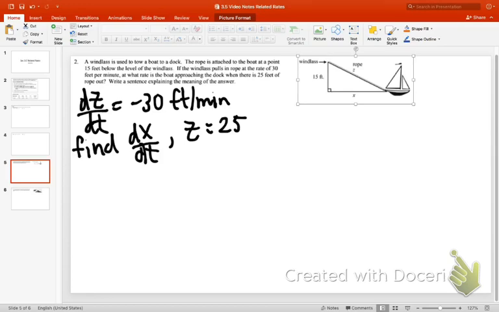So when you have a right triangle, we can use Pythagorean Theorem, which is x squared plus y squared, and we know y is 15 in this problem, equals z squared. Now how come I'm not putting 25 in for z? I put 15 in for the y, but I'm not substituting the value in for z just yet.